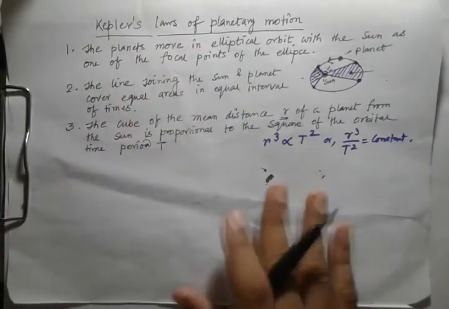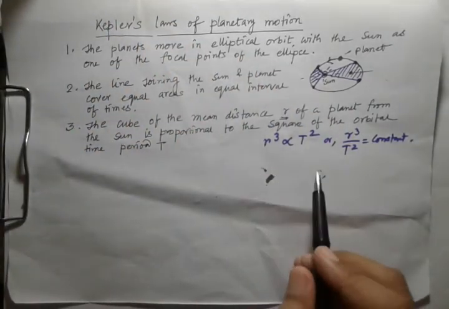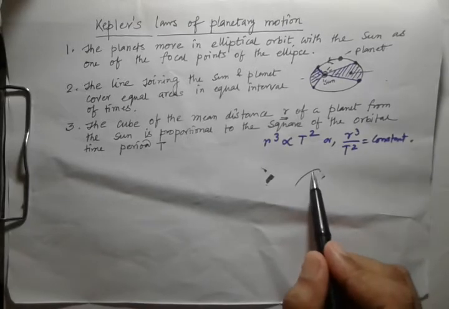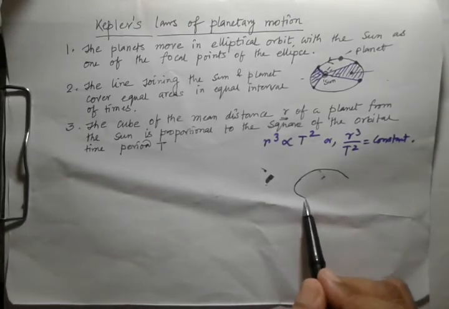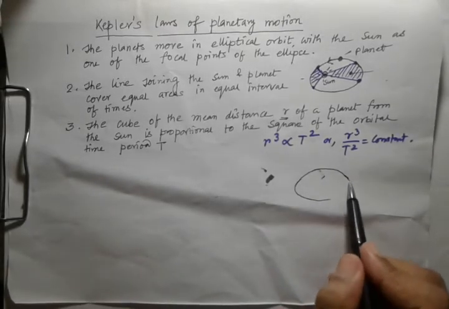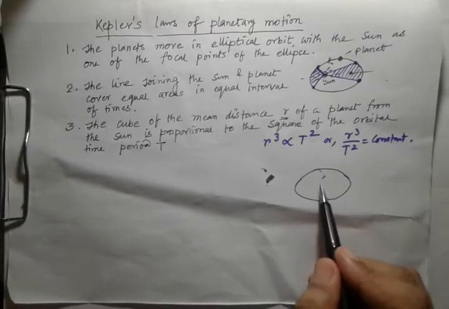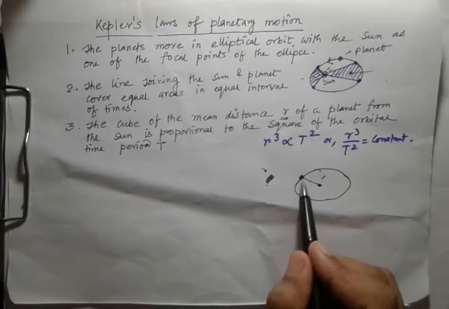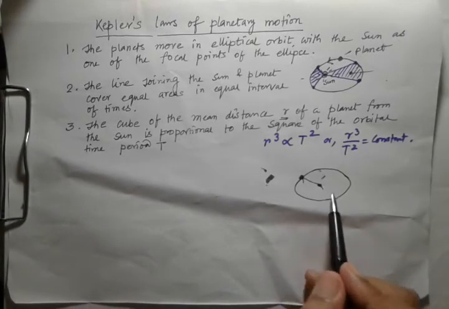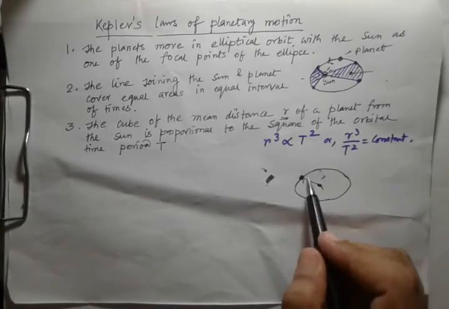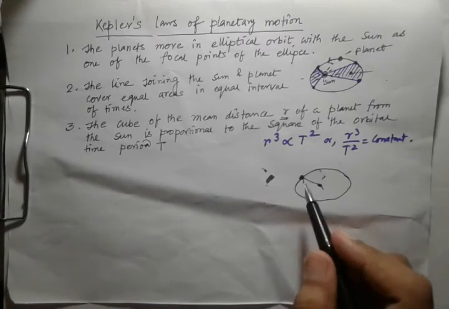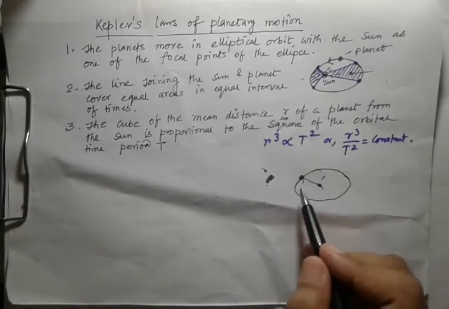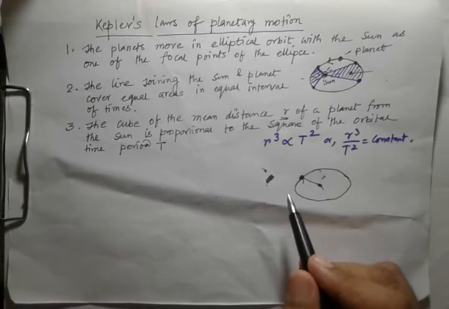I'll draw this for you. Suppose this is a stone you are revolving in a horizontal plane. There is a thread with which the stone is tied, and the velocity of the stone is v.